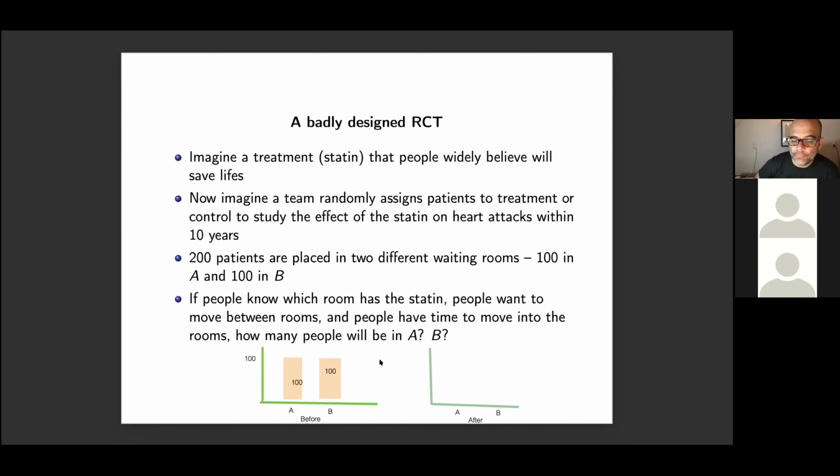What would you do if you were in the control group? You had heart disease, and you knew that if you could just get the statin, you could extend your life. Would you move rooms?